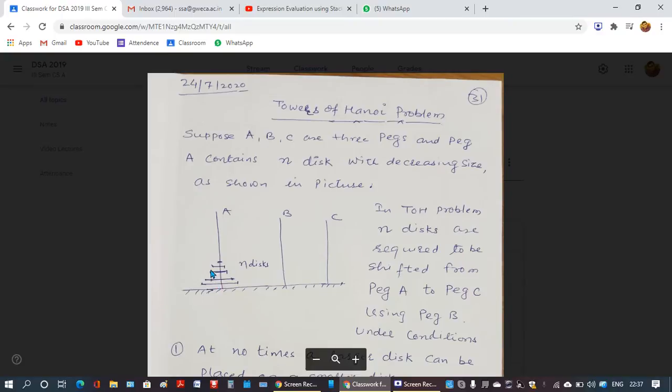So we want to shift the disks which are there in peg A to peg C using peg B as an auxiliary or helping peg.